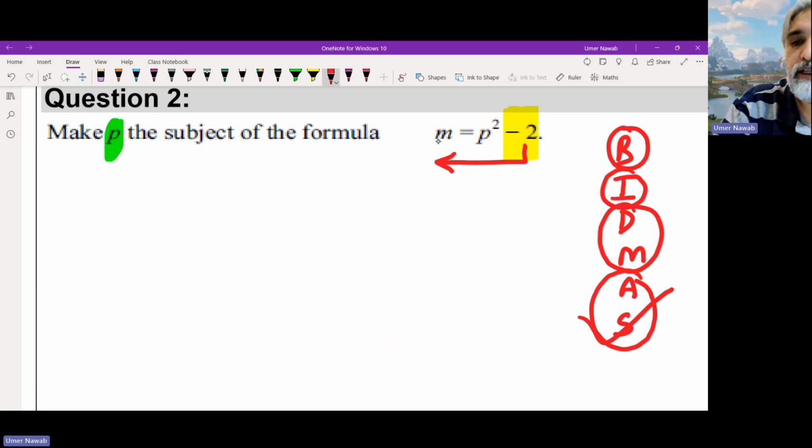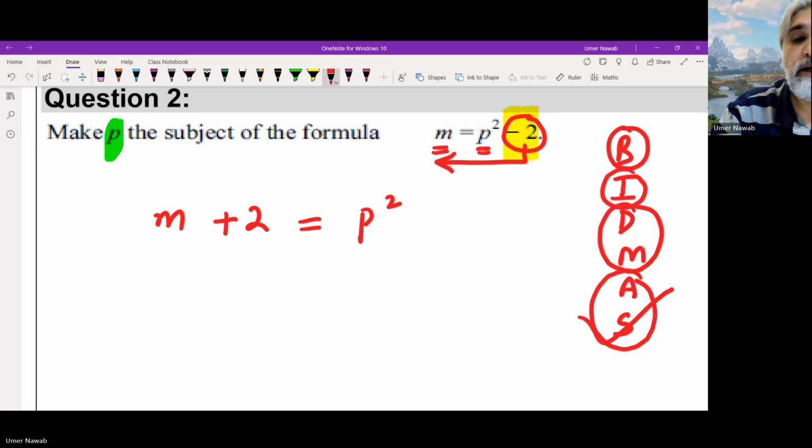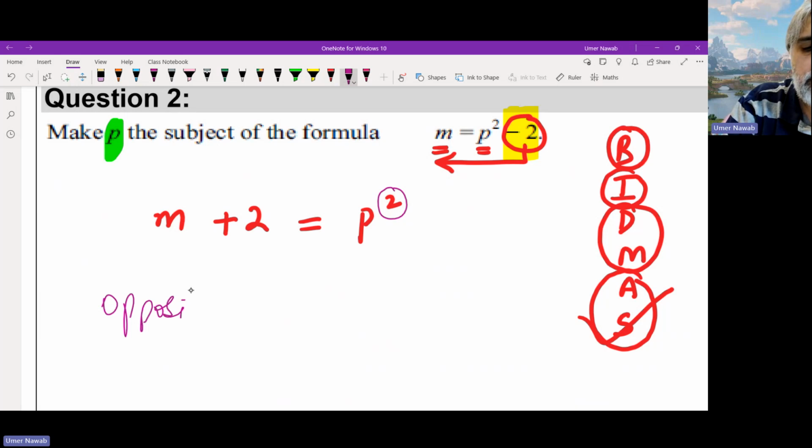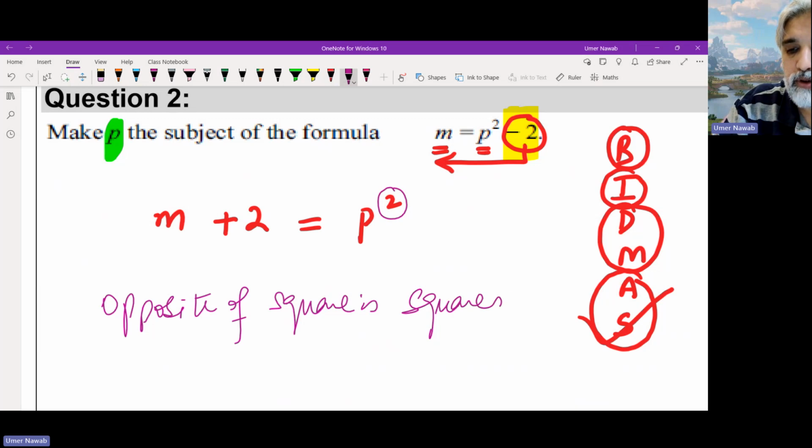So M is already there. I will copy M. Negative 2 will be changed to plus 2 equals P square. P square I copied as it is. Now, the square which we have, you all know the opposite of square. The opposite of square is square root.